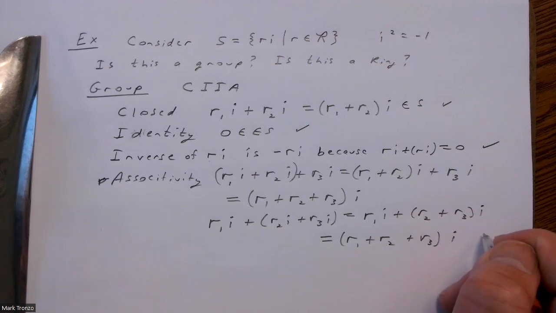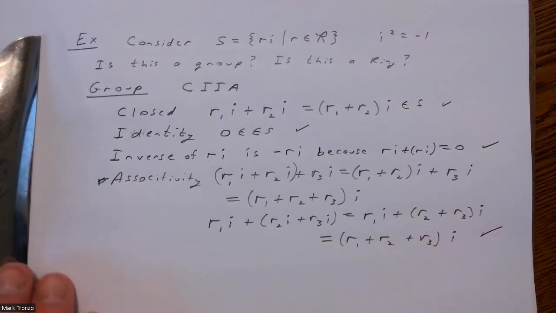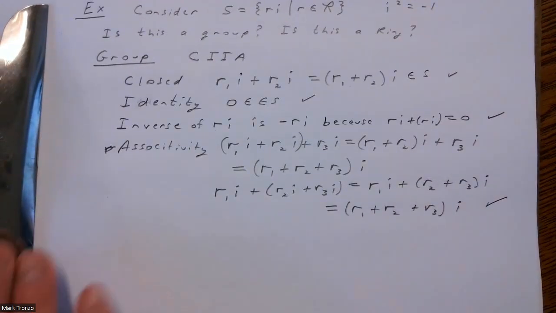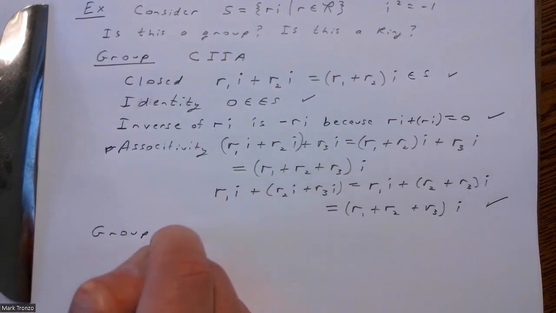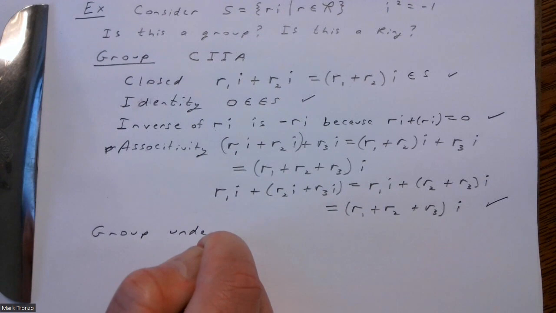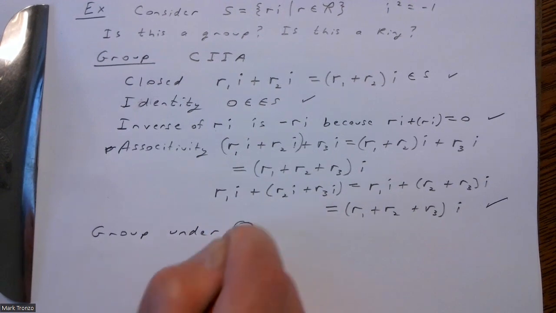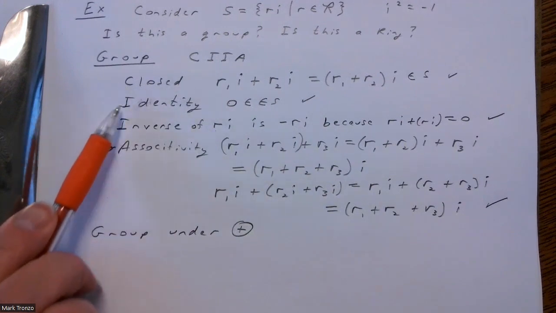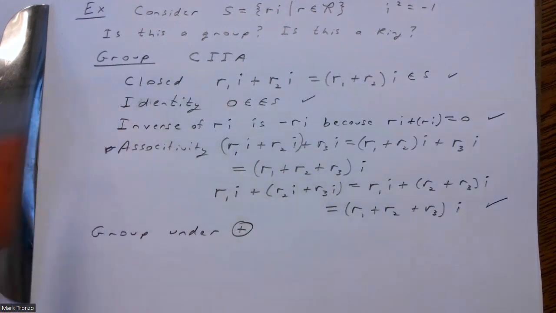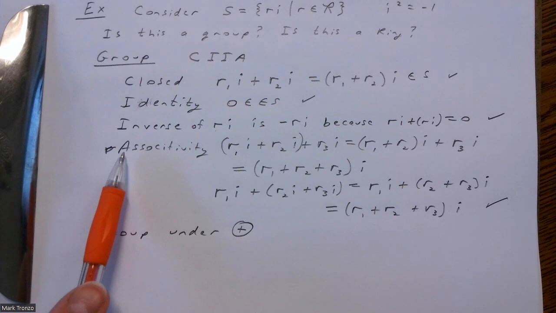So it is associative. So this set is a group under addition because it has these three properties. It's closed under addition, identity, inverse, associative.